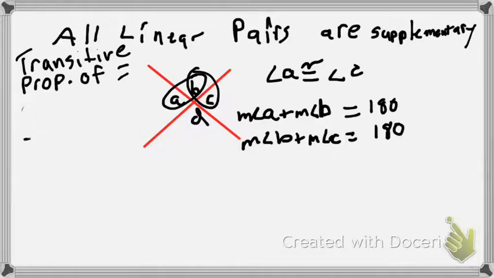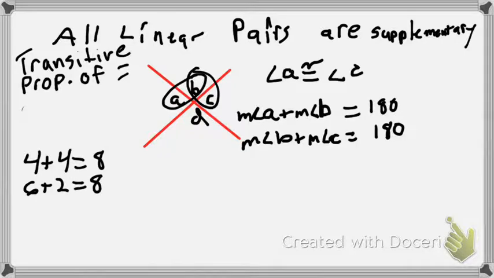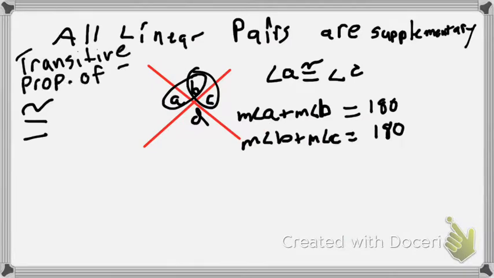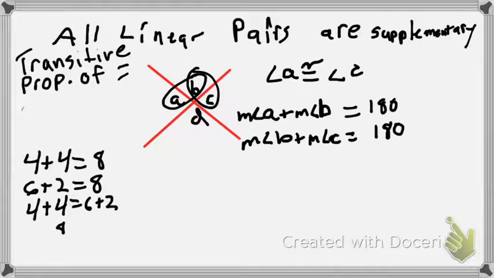And what that means is that if you have two things that equal the same thing, so we know that 4 plus 4 equals 8 and 6 plus 2 equals 8, that they have to equal each other. Woo! Hit the buttons too fast. Okay? So that is the transitive property.